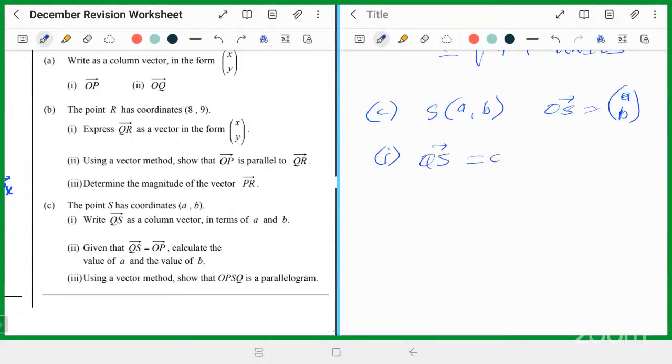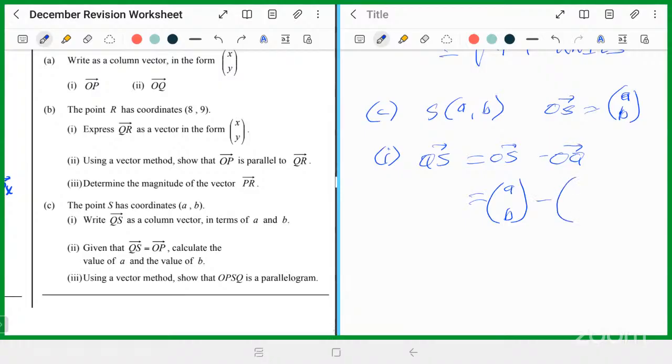Now QS is OS minus OQ. O times the last minus O times the first. What is OS again? OS was, hold on. OS is (a, b), right? Right here, (a, b). So this is (a, b) minus OQ.